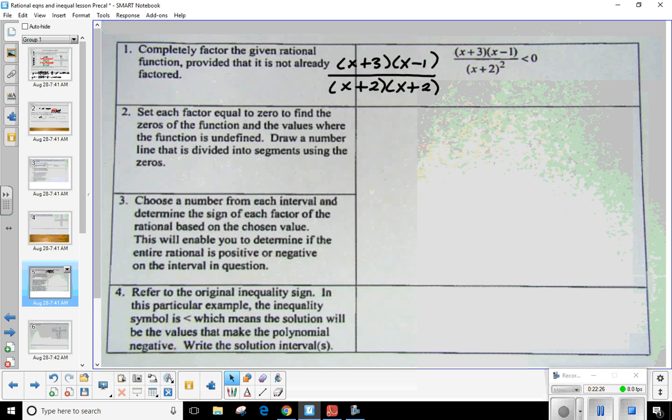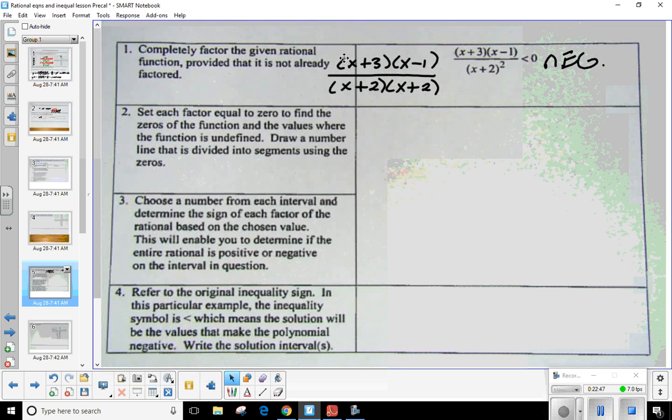I'll talk about that in just a bit. But before we do anything, can anybody already tell me, when I finish my sign chart, will I want all the positive intervals or the negative intervals? Why negative? Yeah, it says less than 0. So see, I already know what it is that I'm looking for before I get started.